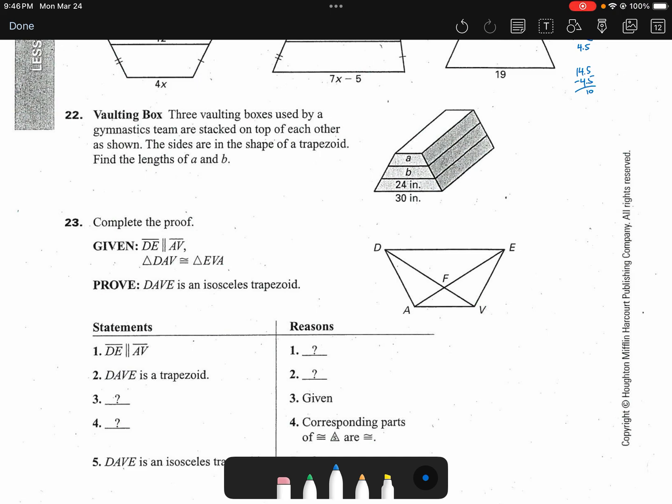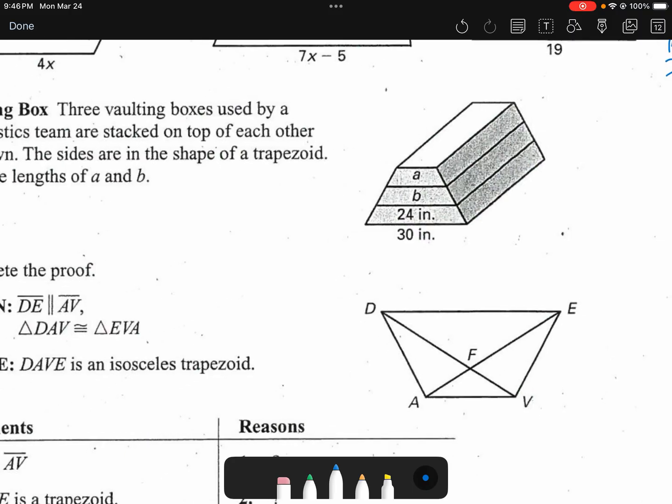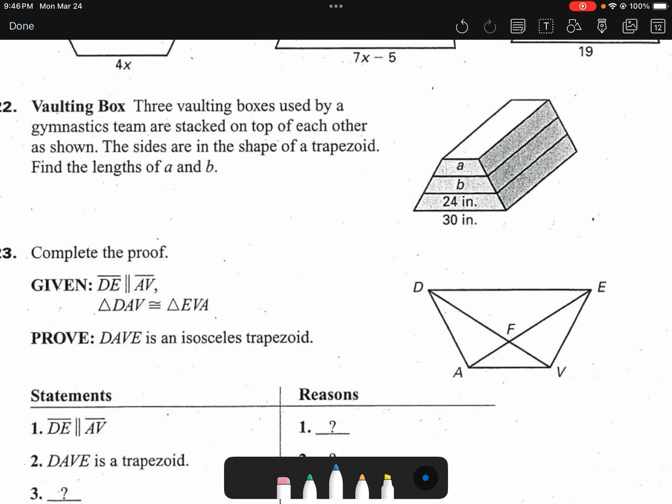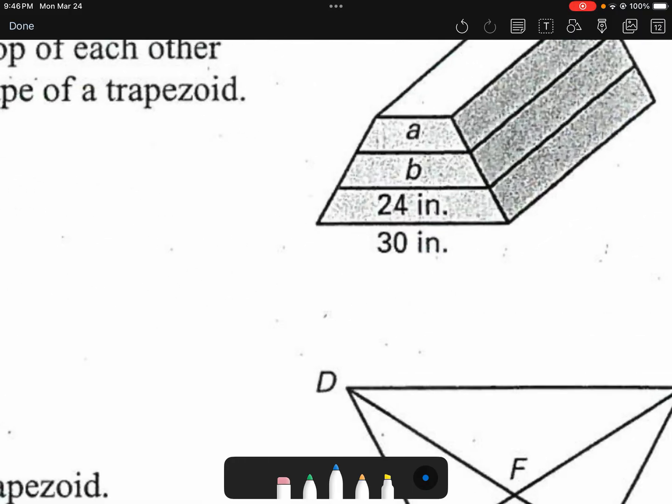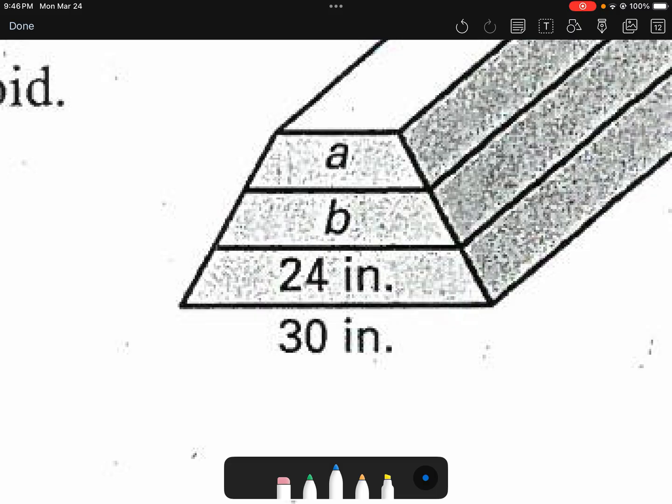I guess we'll do 22. So it tells you there that these are trapezoids. Find the length of A and B. I guess they want you to say these are mid segments.